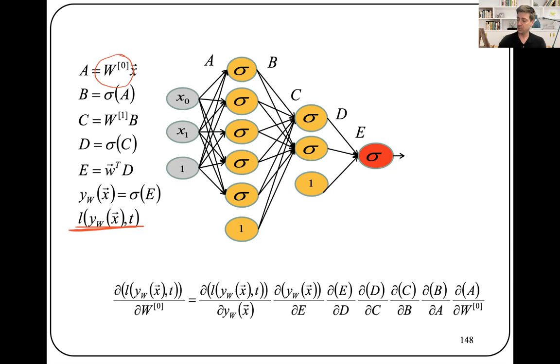We're going to compute the derivative of the loss with respect to the output, so the output is what we have directly here, times the derivative of the output with respect to what's right before the output, so E, and then the derivative of E with respect to D, and so on and so forth until we get to W0.